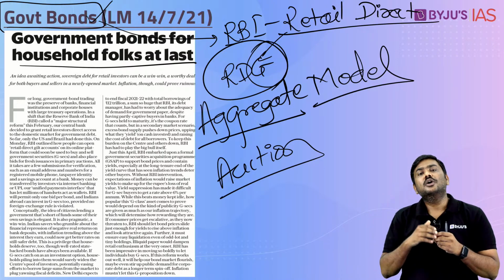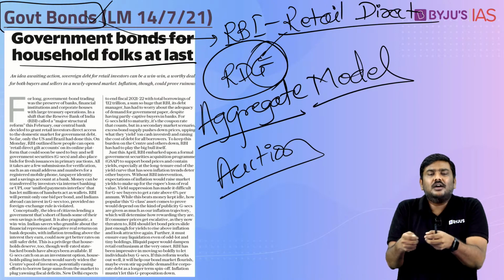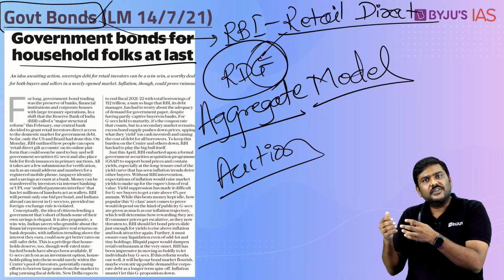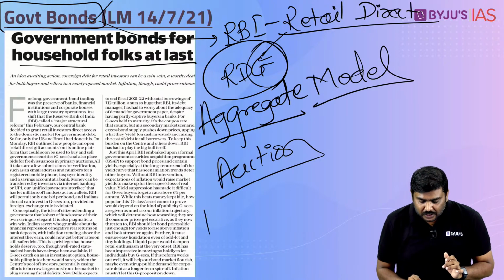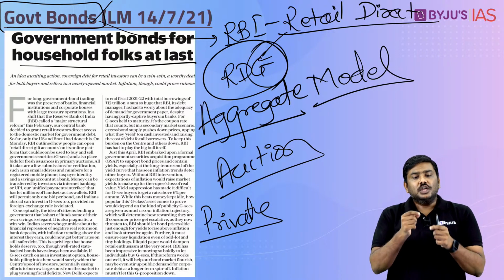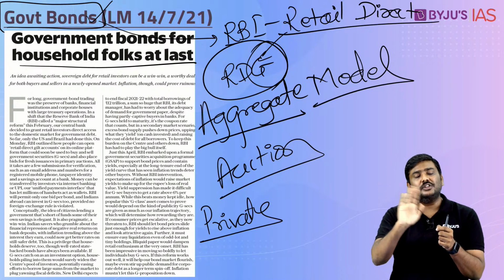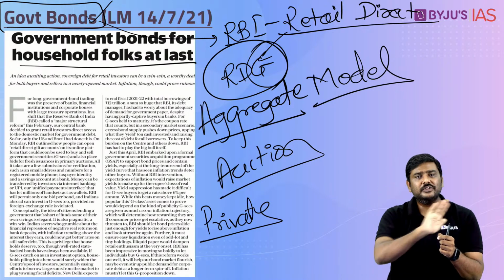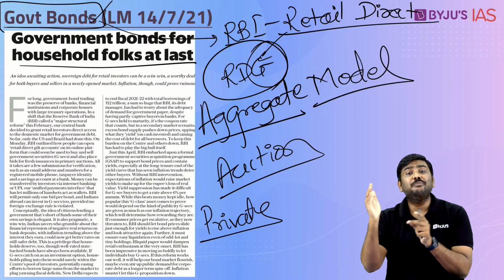So RBI will auction them, sell them, take the money and transfer it to government. Earlier, if you were a private or retail investor, you were allowed to bid for these bonds but without quoting any price or any yield. It is called a non-competitive bidding process.